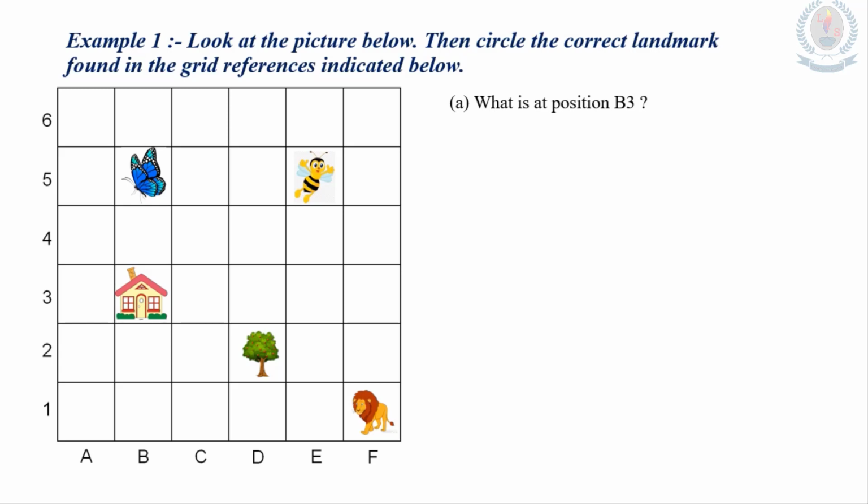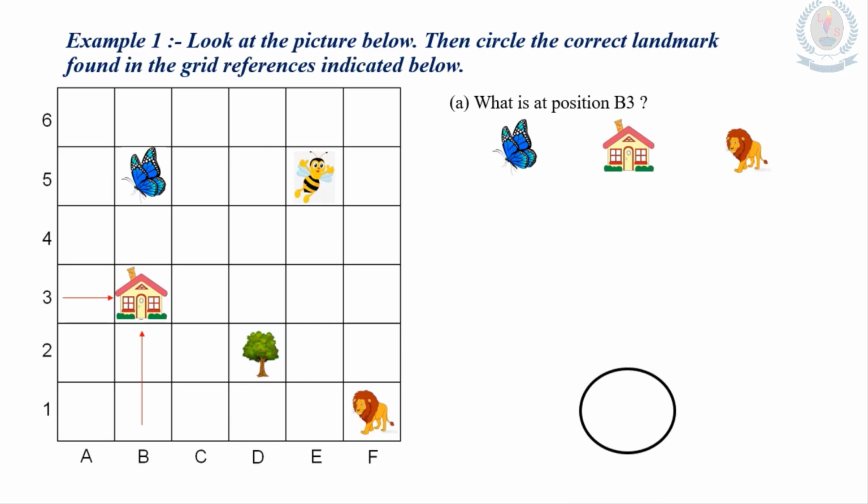We have 3 pictures. From that, you have to select the correct answer. When we check the position, first we have to check the column and then the row. Now we can get the answer. What is in that position? Tell me. Very good. House is the correct answer.